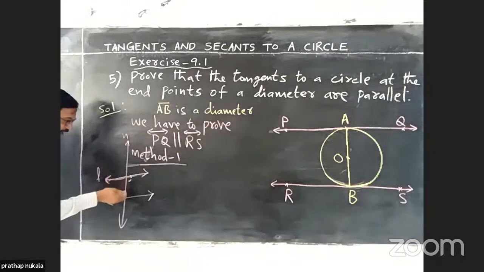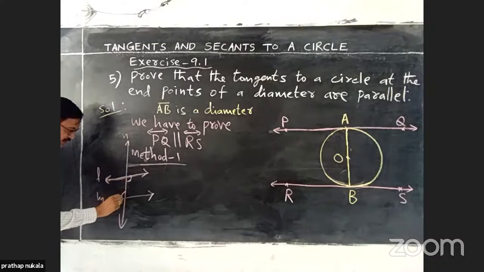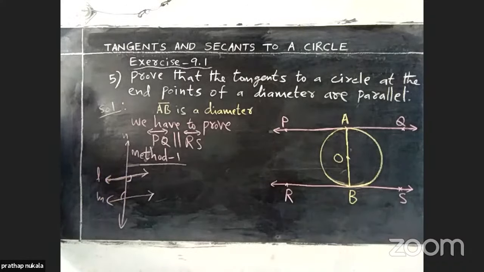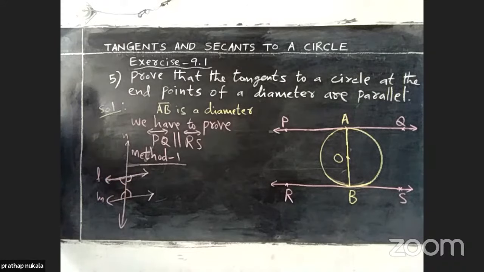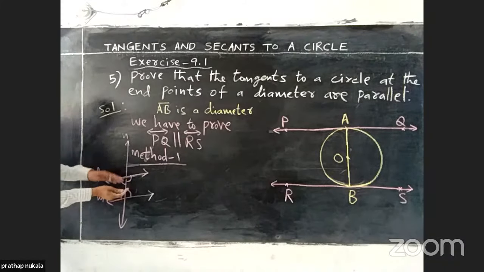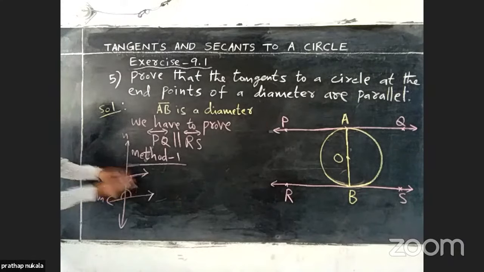Then alternate interior angles are formed. These two are an alternate interior angles pair. This is another pair of alternate interior angles. These four angles are interior angles, since they are lying inside the given two lines.